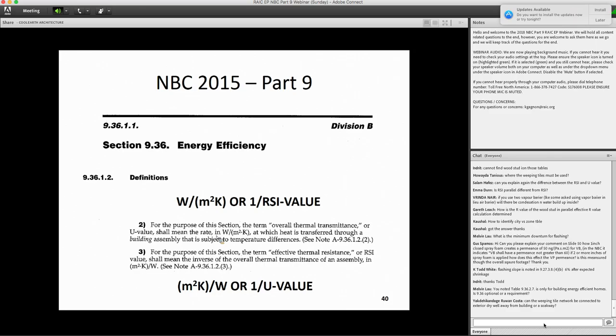If you use two vapor barriers, like some apps using vapor barrier in lieu of air barrier, will there be condensation and water build up inside? Yes, you don't want to do that. You're not allowed to use two vapor barriers. You just have one vapor barrier, and the wall usually has to be able to dry inwards and outwards.